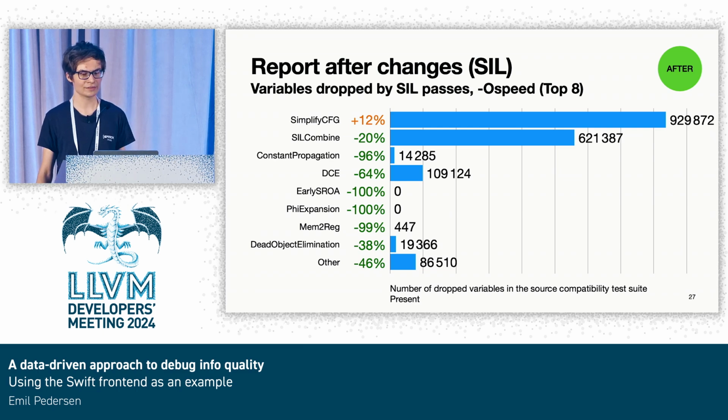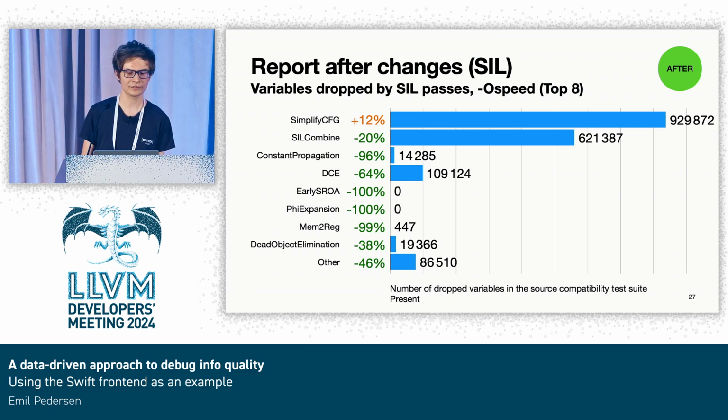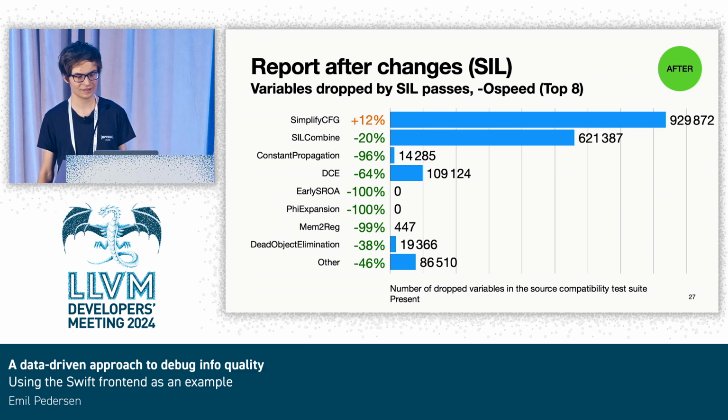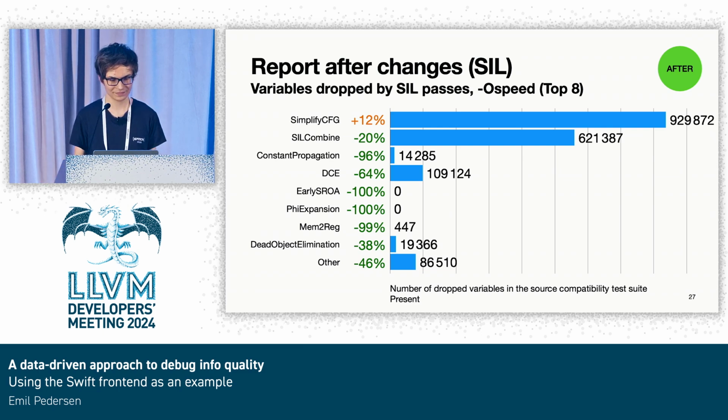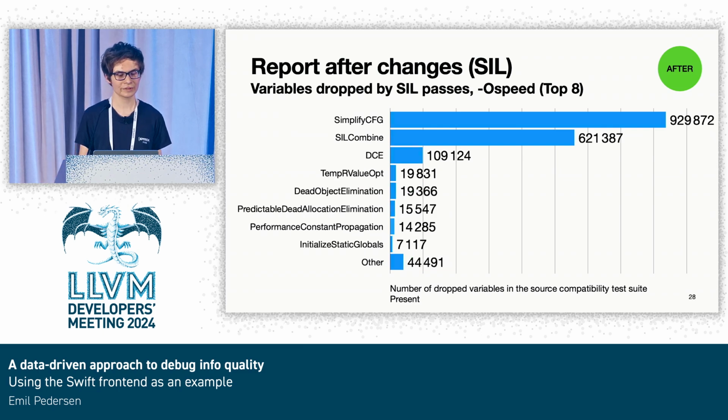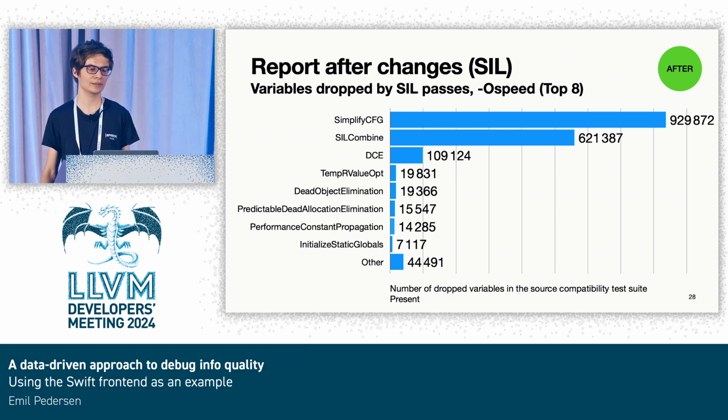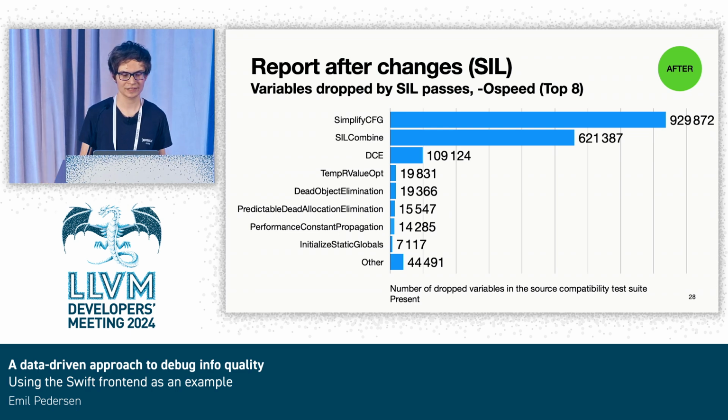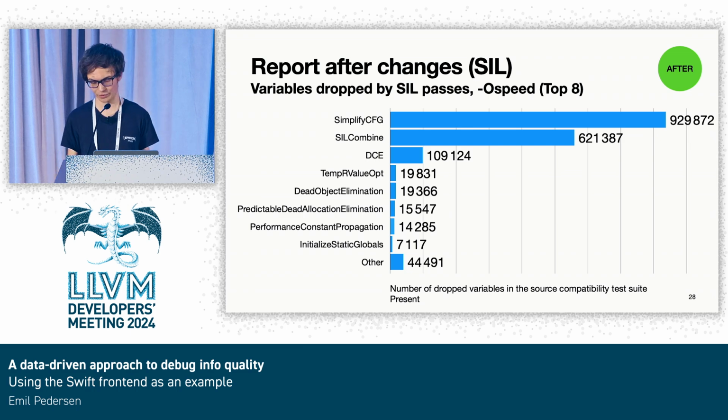Passes such as SROA and phi expansion that should have never dropped variables are now fixed. Now the current eight passes dropping the most debug variables are those, and we should focus on those passes to have the most impact on debugging optimized Swift code.